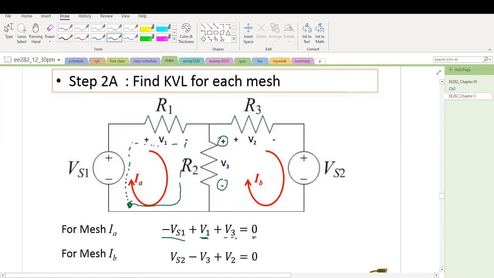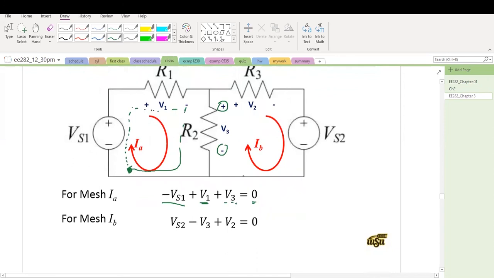That's mesh 1. Mesh 2 is the same thing. I can start here. The first term is minus V3, and then V2, and then plus VS2 here. And then I come back to the same place, and that equals 0. So this is KVL for each loop, for each mesh.